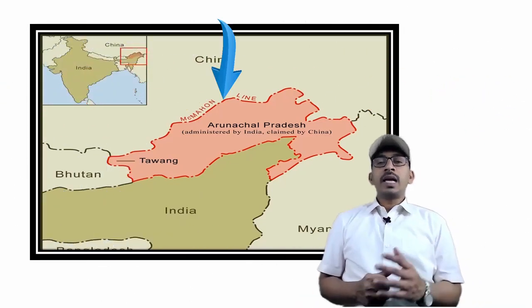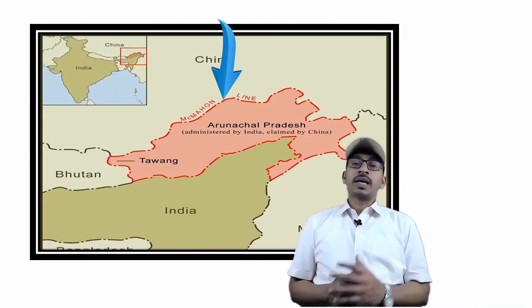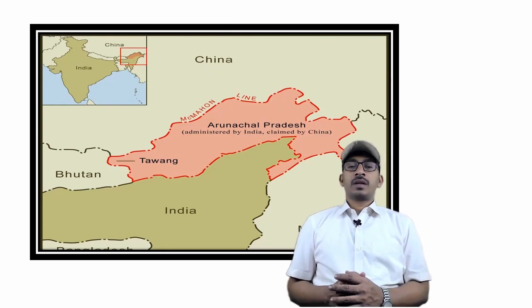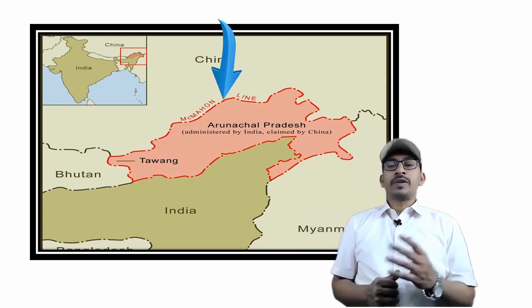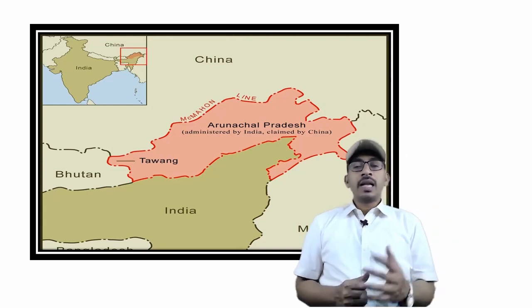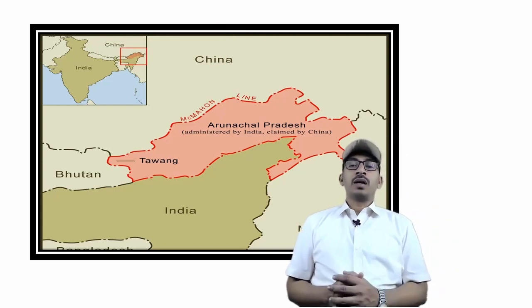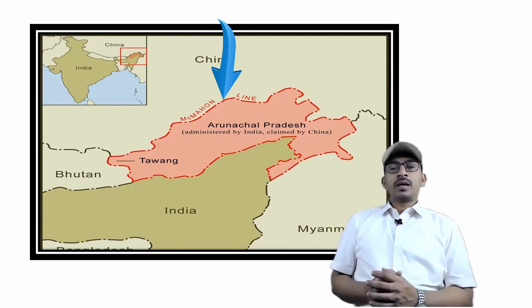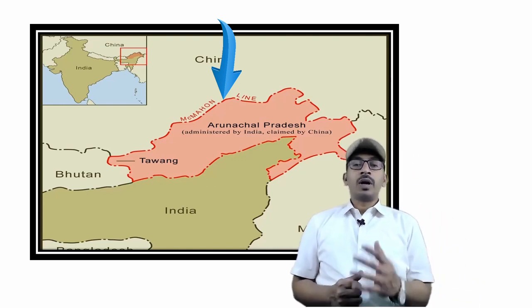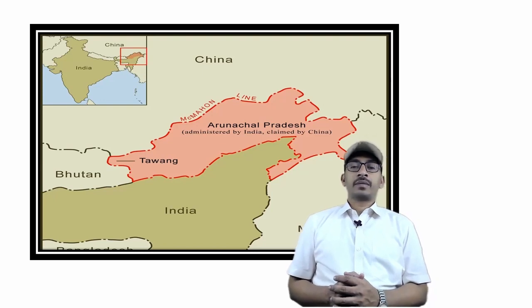We know that India shares a land boundary with 7 countries. The longest land boundary is with Bangladesh. The next longest land boundary is with China. We know that we have different border issues with China.